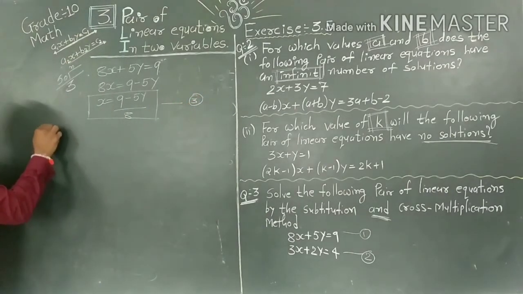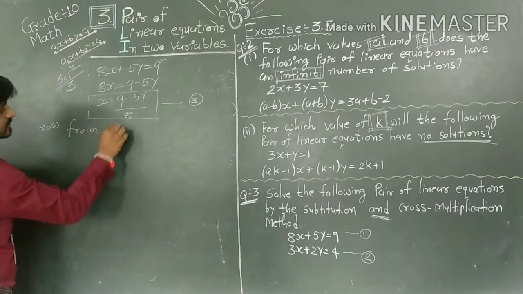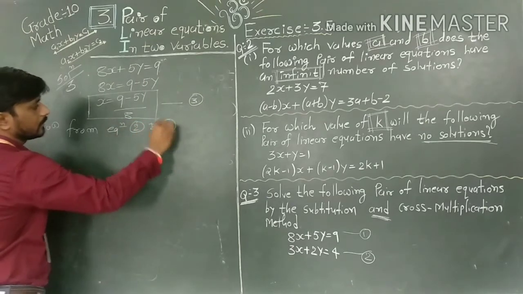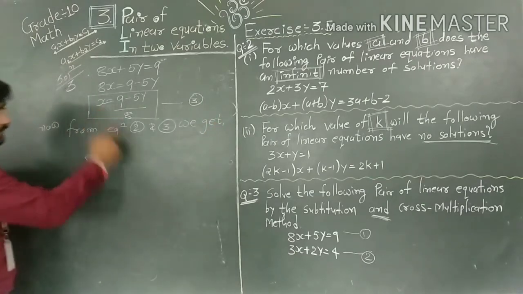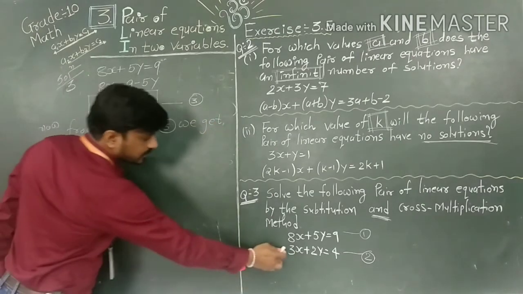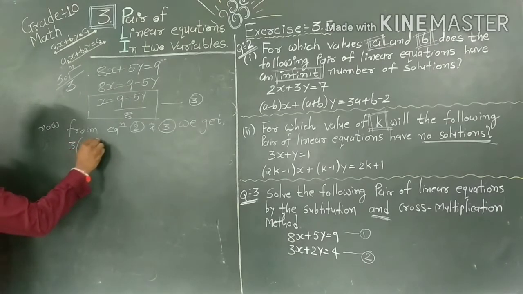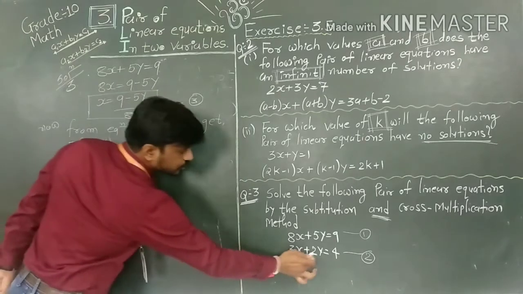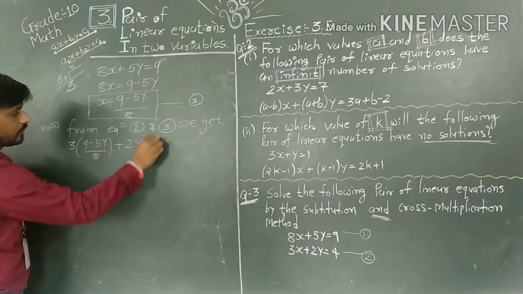Now from equations 2 and 3 we get: I put this value of x in equation 2, that means 3 into (9 minus 5y) upon 8, plus 2y is equal to 4.